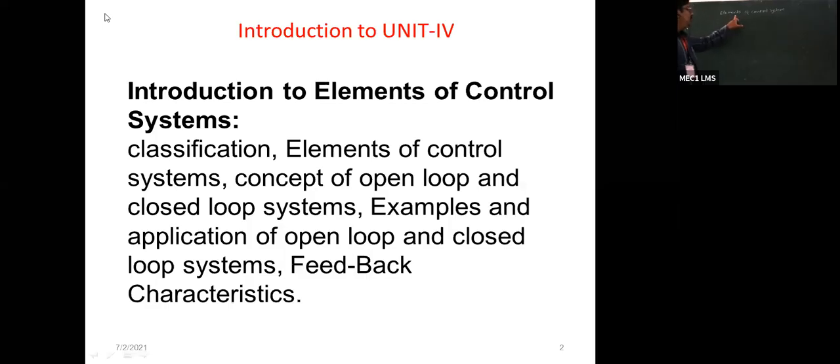Today we are going to discuss what the elements of the control system are. Actually, Unit 5 is the introduction to elements of control systems.